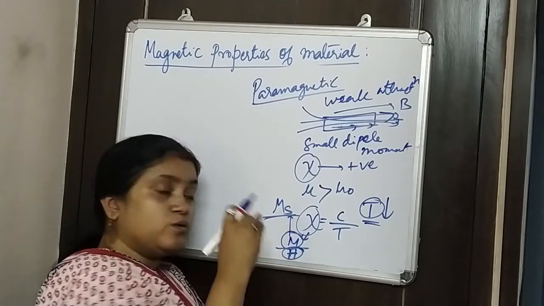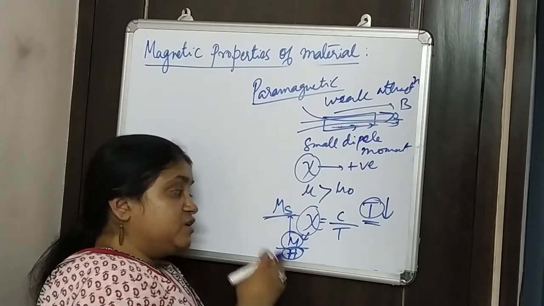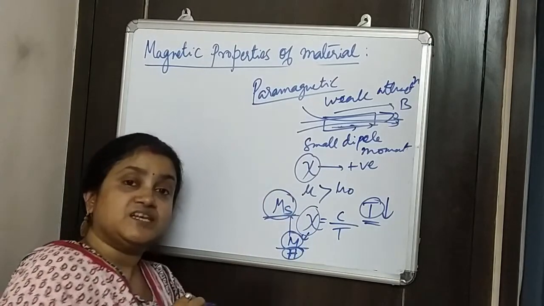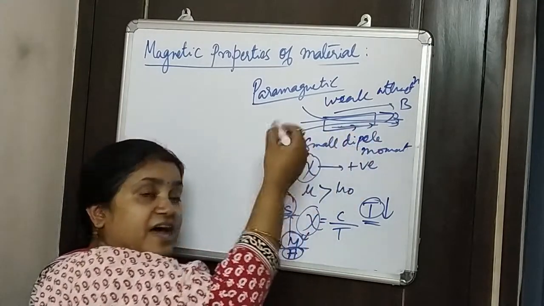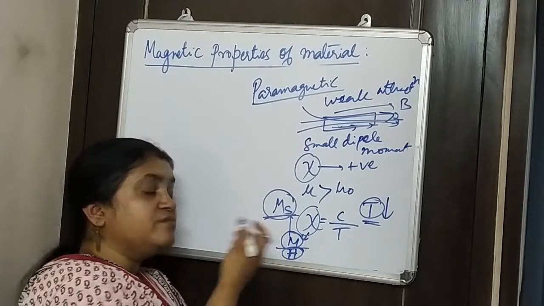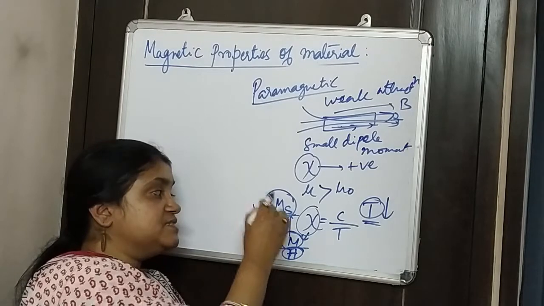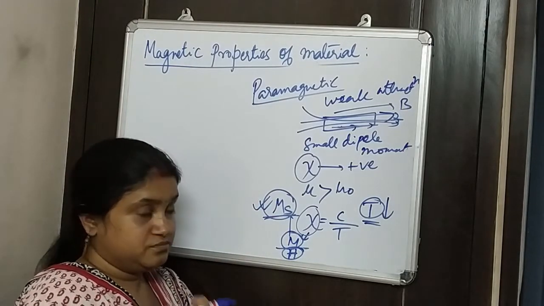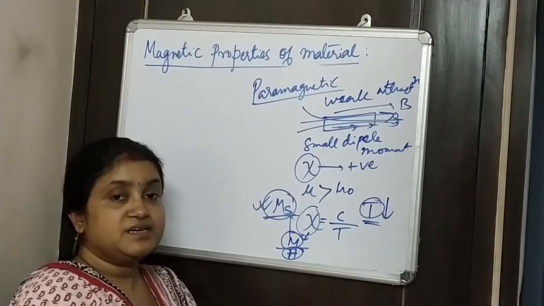Same way this chi also starts to increase, but it would increase to a point where the magnetization gets saturated. It means that all the atoms of the substance have already been polarized or magnetized. So this is the Curie law that the paramagnetic substance would follow.